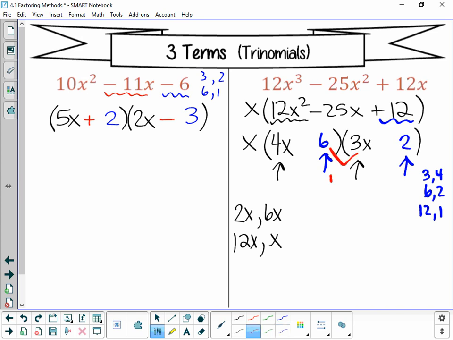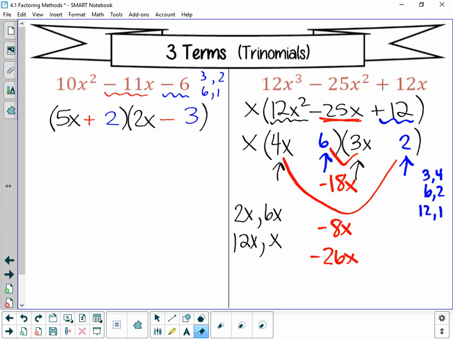Well, that gives me an 18x and an 8x. Even if they're both negative, that's going to be a 26x, which is not what we wanted. We wanted a -25. So that combination didn't work, and it's okay. If it didn't work, try something else. Either switch the 2 and the 3, or change to a different set of numbers.